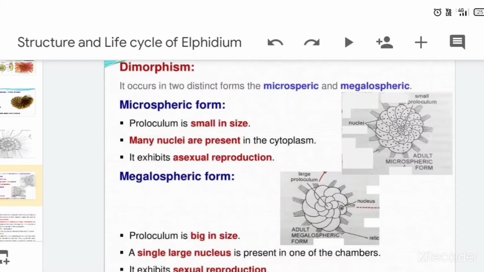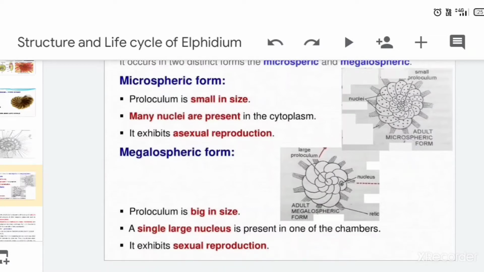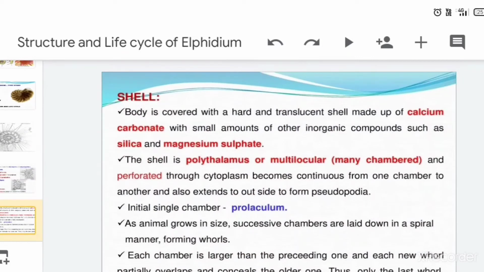In microspheric, the proloculum is small and many nuclei are present in the cytoplasm. It exhibits asexual reproduction. In the megalospheric form, the proloculum is big in size. A single large nucleus is present in one of the chambers. It exhibits sexual reproduction.